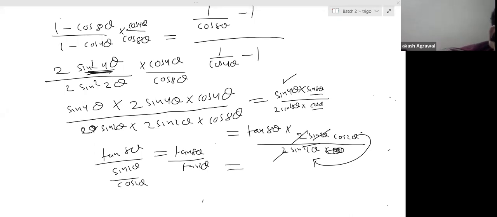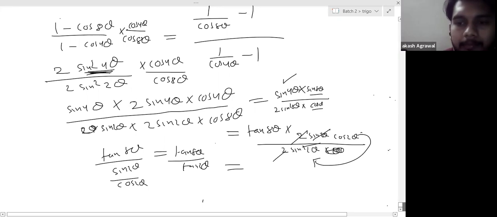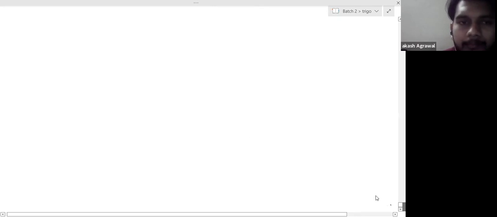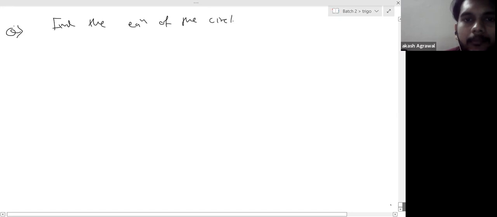11th. Find the equation of the circle passing through this. All right. Write down the question. Find the equation of the circle passing through.